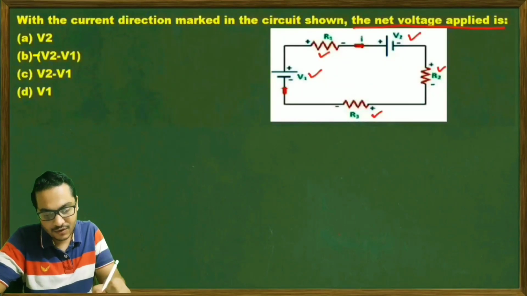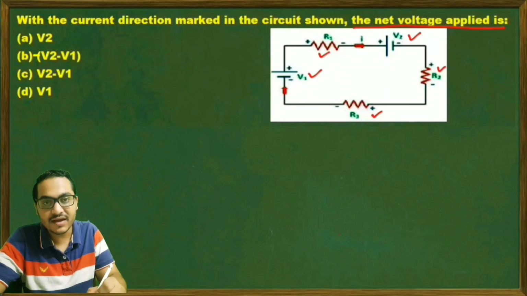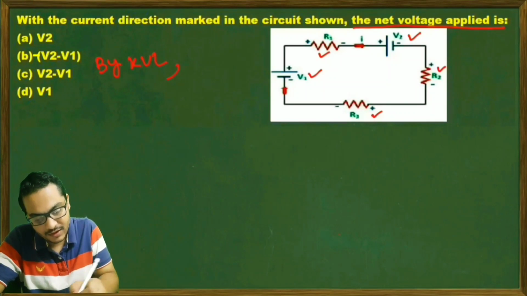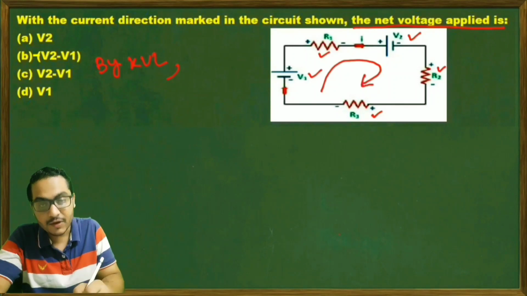Now let's here apply the same KVL, Kirchhoff's voltage law. Here the loop direction is let like this. So here for this V1 voltage source, we are moving from lower potential to higher potential like this. This is the loop direction.